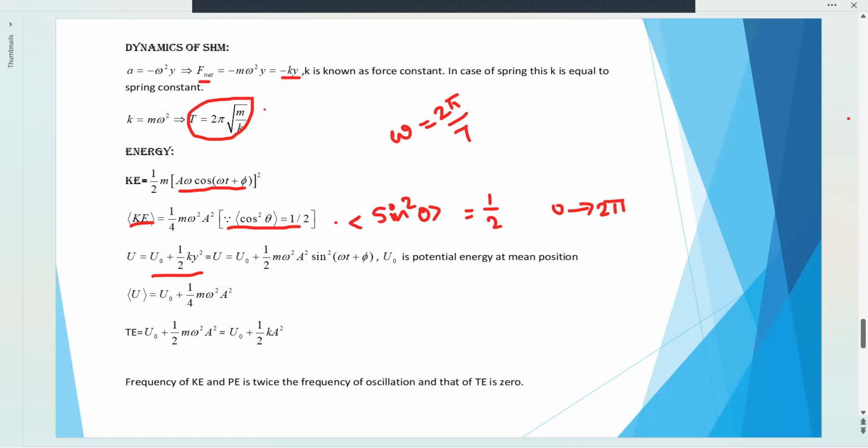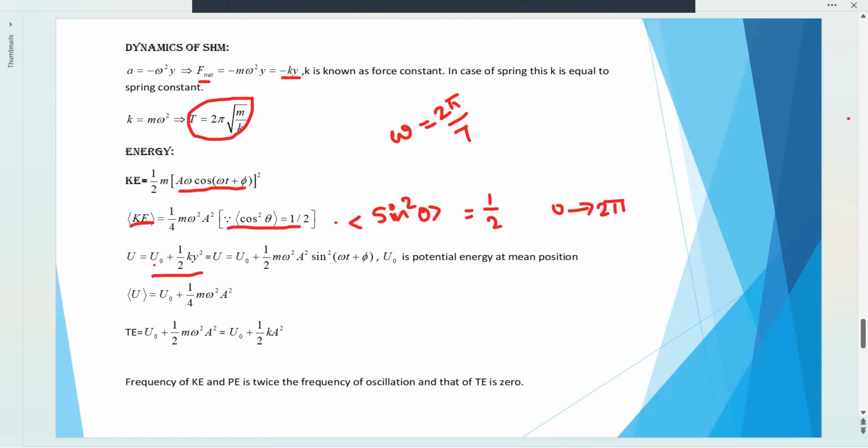So we have seen in case of a spring, F equal to minus k into x. It is now the same form, right? See carefully, F equal to minus k into y. In case of a spring, F equal to minus kx, so we got spring potential energy half kx square. Using the same logic here, half ky square.